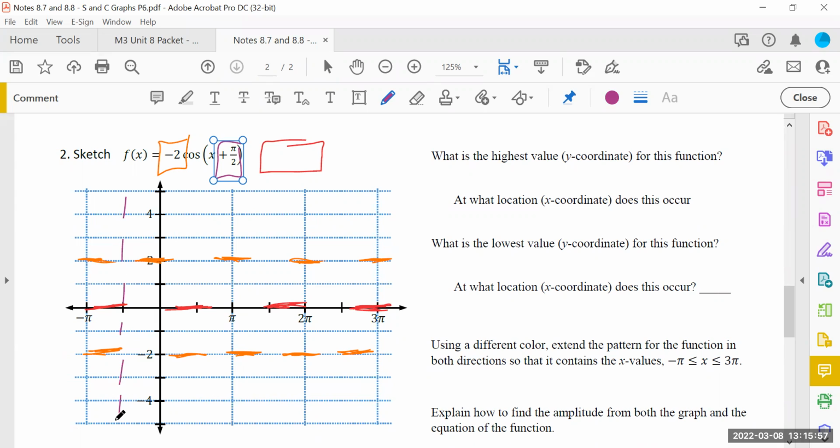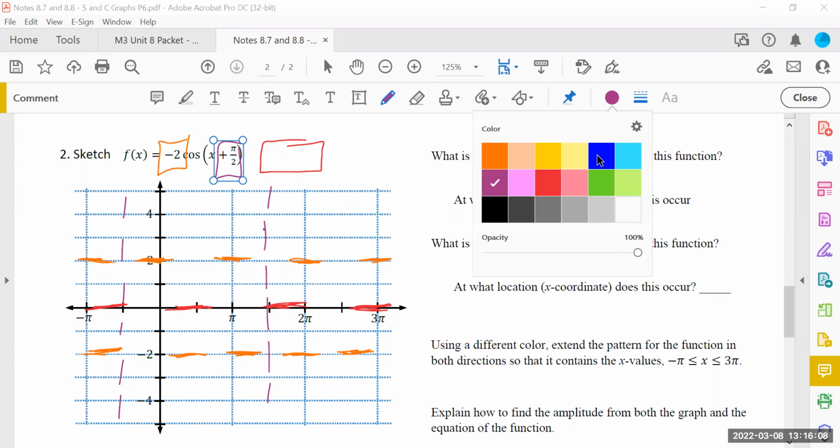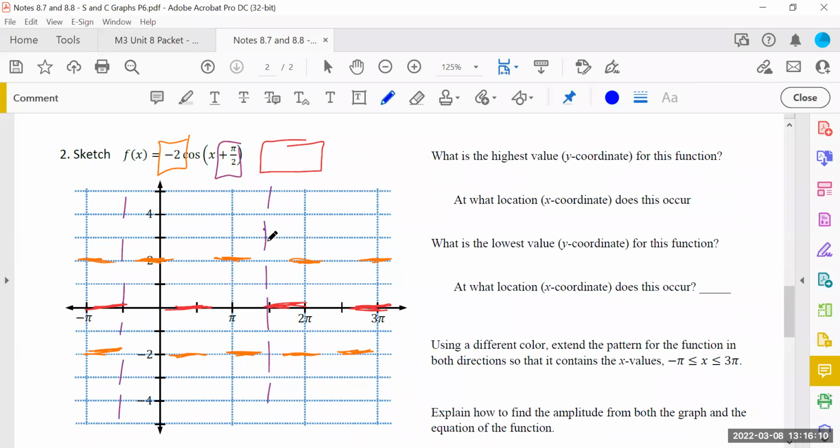Instead of ending at 2 pi, that also gets shifted left pi/2. And now again, we can kind of see a little box where our graph's going to be. Our graph is going to be right in here. Does that make sense to everybody? That the whole graph has to be right in there as far as the one repetition.